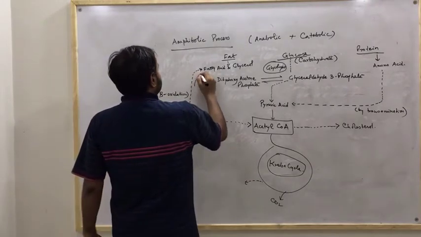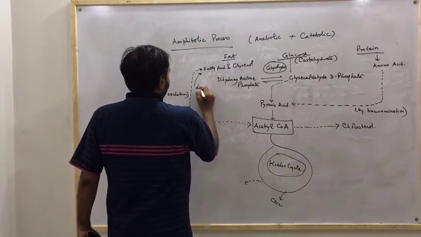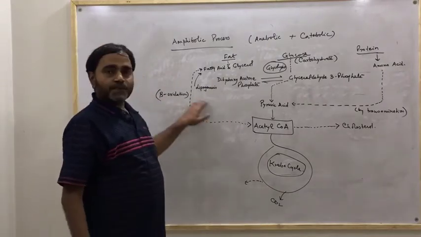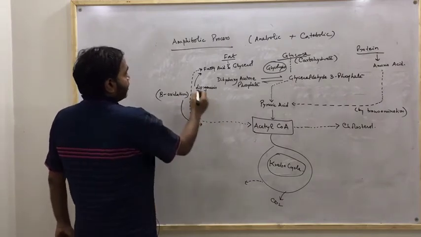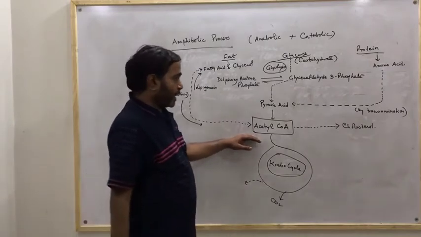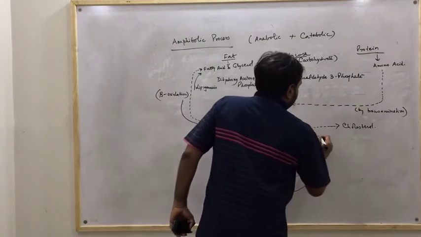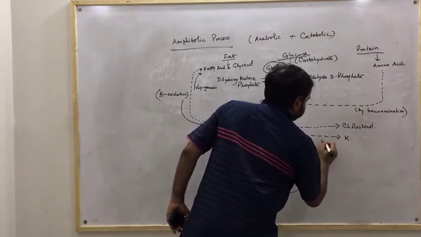So moving towards this side, the lipogenesis process may occur. Lipogenesis means synthesis of fat, so acetyl-CoA may participate in lipogenesis, and beta oxidation is occurring, so the breakdown will be there and acetyl-CoA will be obtained. Likewise cholesterol may be synthesized, and ketone bodies may also be synthesized by ketogenesis.